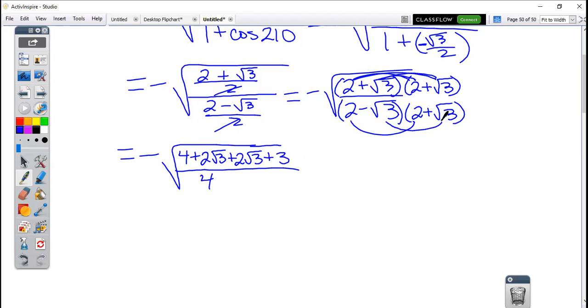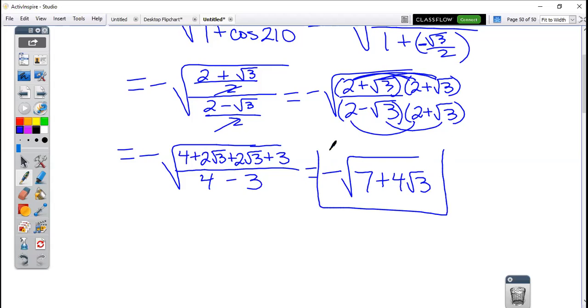And then negative square root of 3 times square root of 3 is negative 3. So we'll have negative square root. 4 plus 3 is 7. Plus 2 square root of 3 plus 2 square root of 3 is 4 square root of 3. And on the bottom, what's 4 minus 3? 1. And what's the square root of 1? 1. So there's my answer.